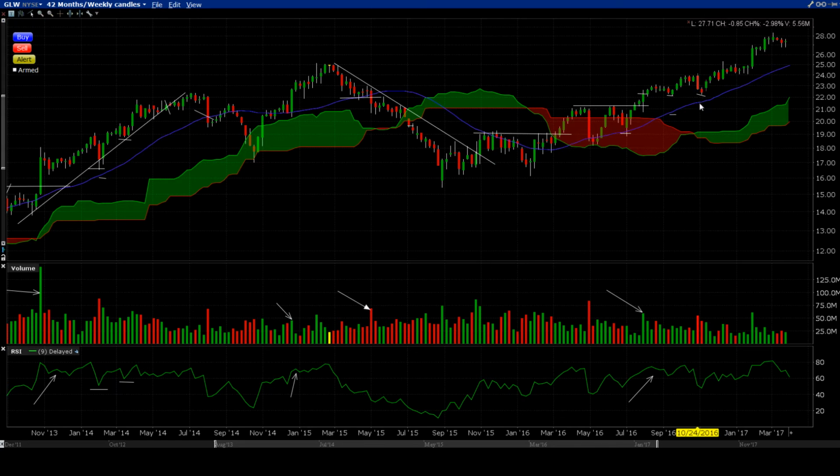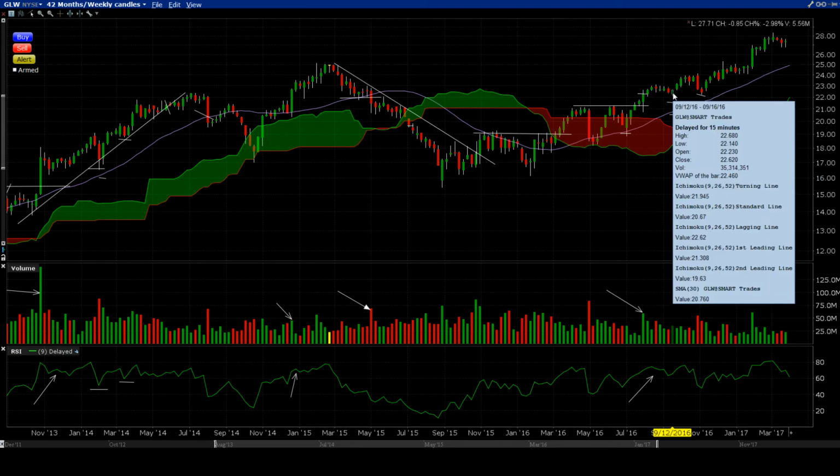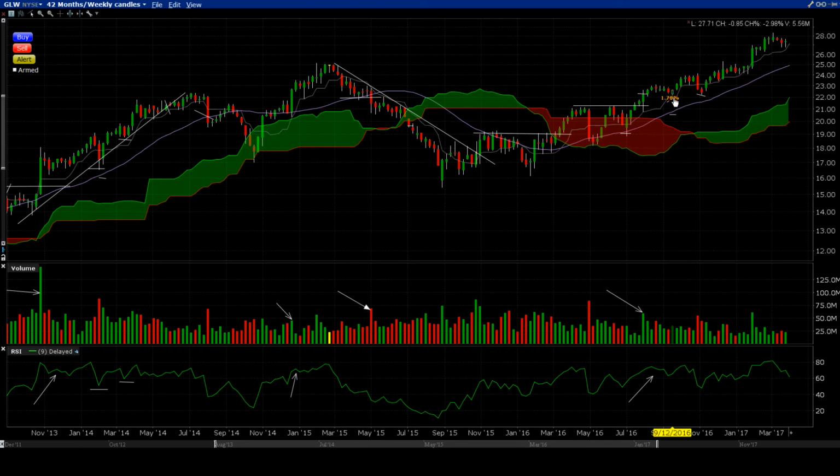Traders, investors. Oh, wait. How low will that candle go? Low 22.23. And this candle is low 22.14. So you would have been okay. And like Stan says, you would have put your sell stop under that candle at 21.95. So you would have been even more safe.